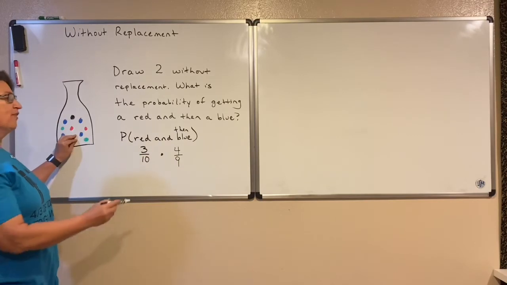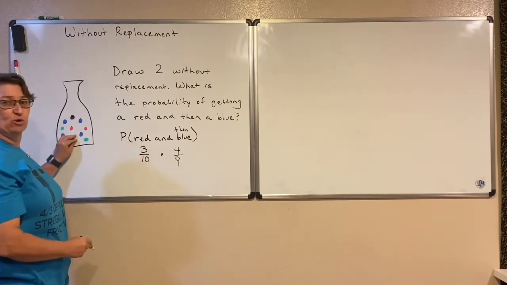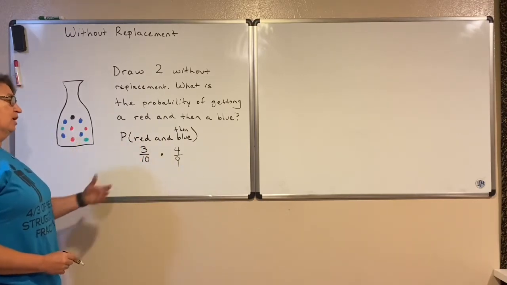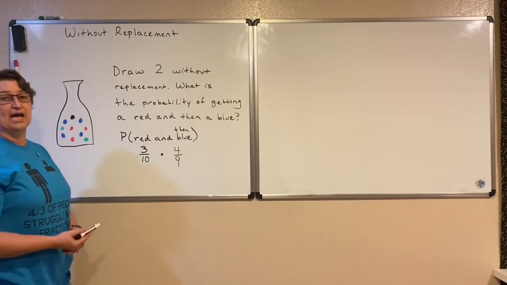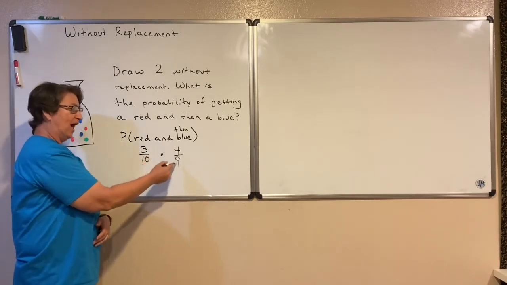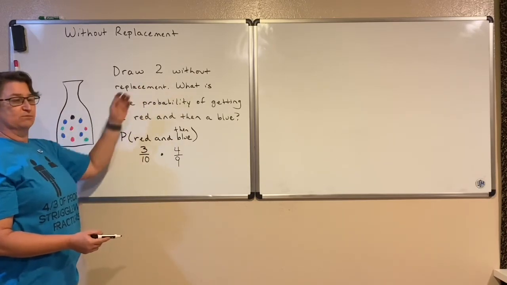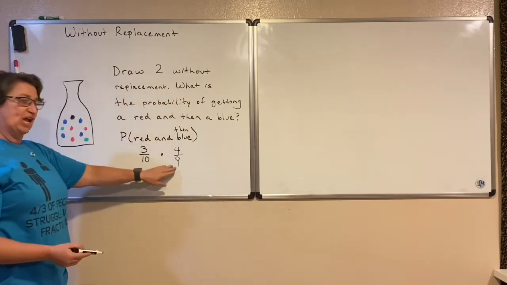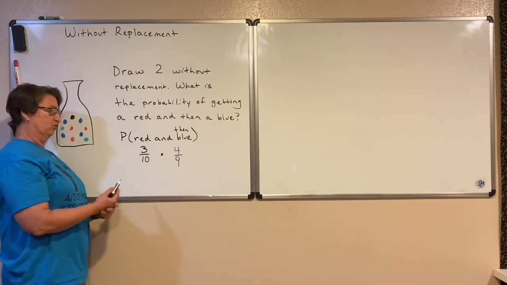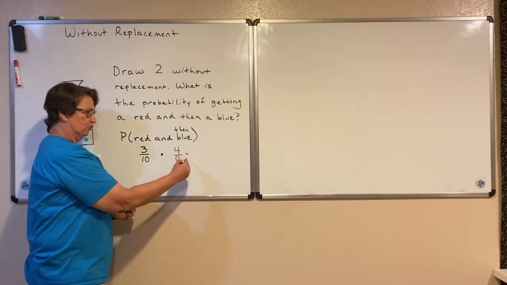So it was on the condition that that red one was chosen first. But now I just multiply as I did before. So finding that probability when it was without replacement, my probability changed from what it was earlier. So now I just multiply.